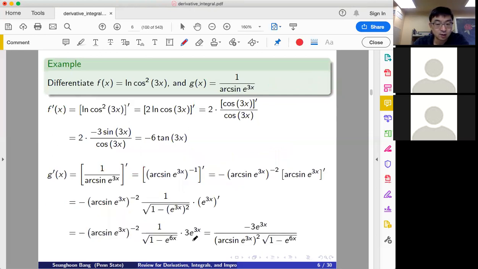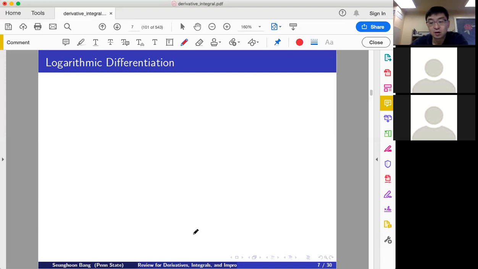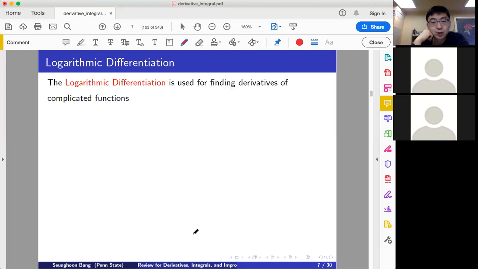The next one. What is logarithmic differentiation? Logarithmic differentiation is used for finding derivatives of complicated functions involving products, quotients, or powers, or f of x is g of x to the h of x.